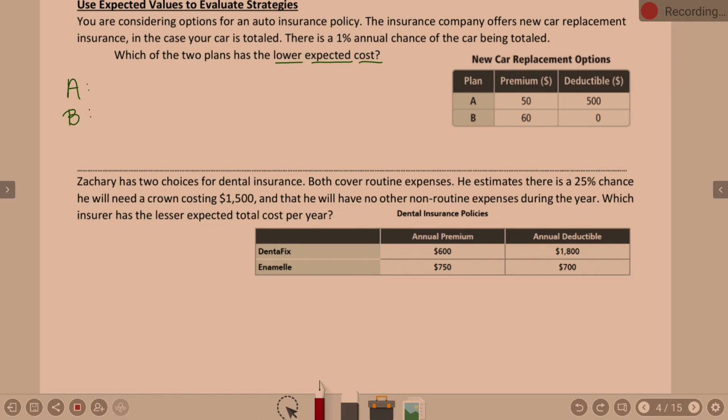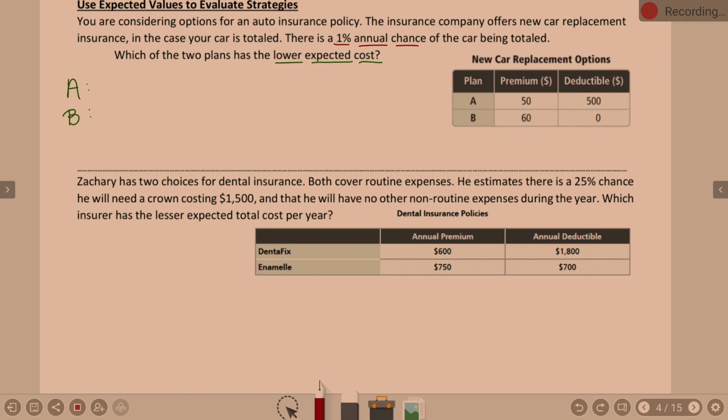Now, what other information do we have? There is a 1% annual chance of the car being totaled, which means there's a 1% annual chance that you're going to have to pay the deductible, right? So, which of the two plans has the lower expected cost? When we're talking lower expected cost, we're talking about which of the two plans benefits us more, right? Okay.